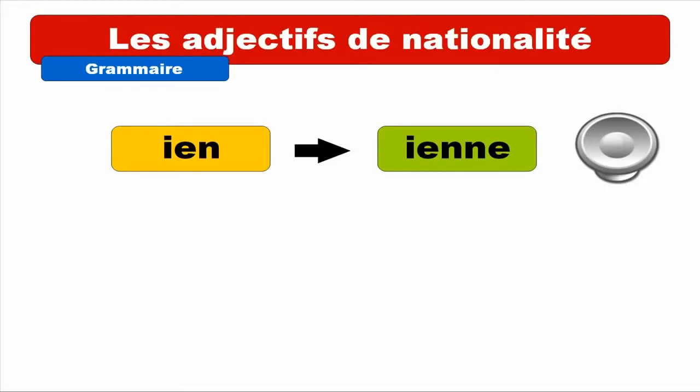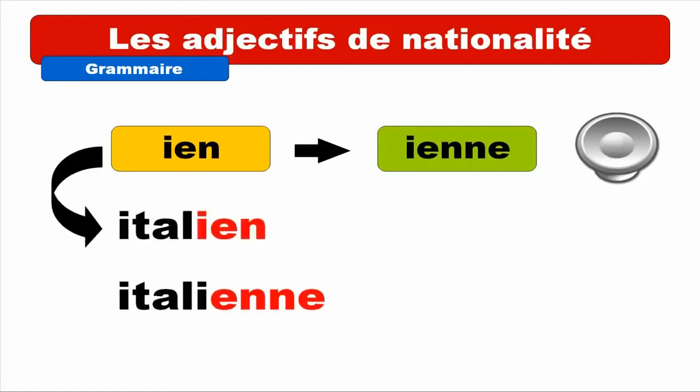Okay, remember when you've got like here double N, then you've got the sound e before of the e. Okay, so you get this yen. Okay, so let's have some examples. Italien, repeat. Italienne, repeat.